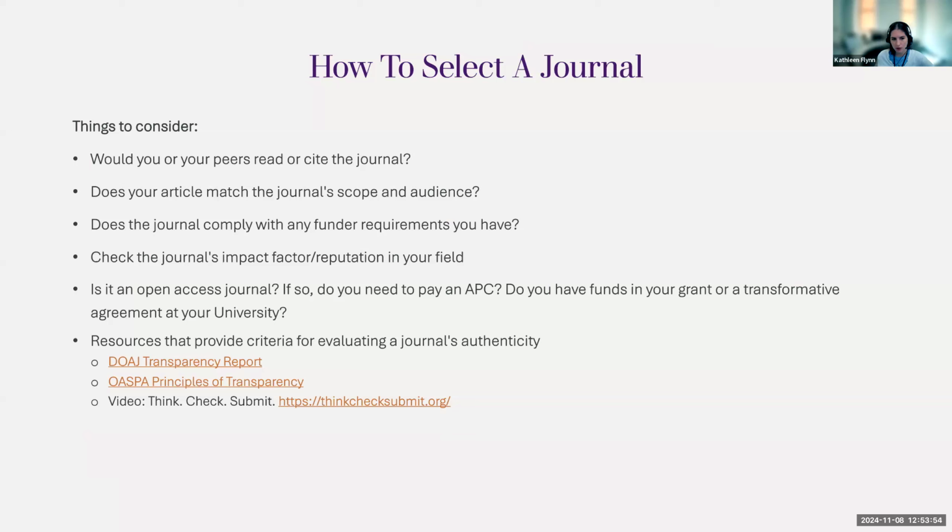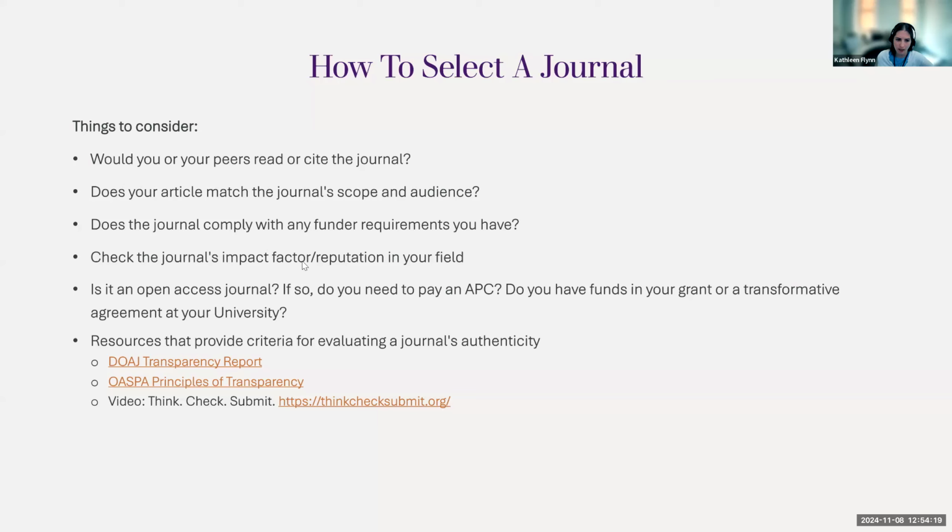So when you're considering which journal to submit your manuscript to, some things to consider would be, would you or your peers read or cite this journal? Does your article match their scope and their audience? Sometimes people email the editor to confirm if it's within the scope. That's an option. Does the journal comply with any funder requirements you might have?